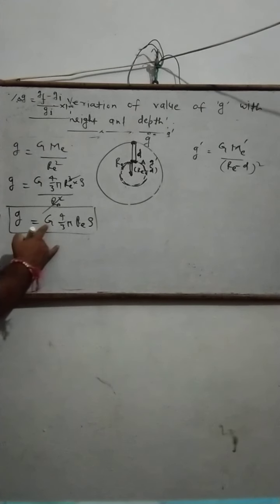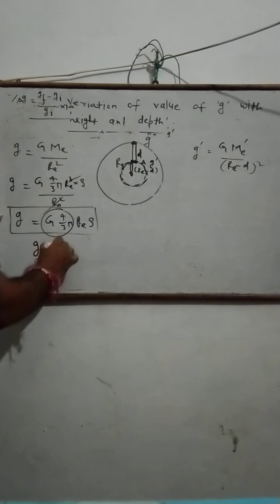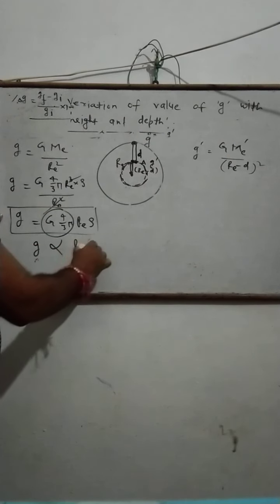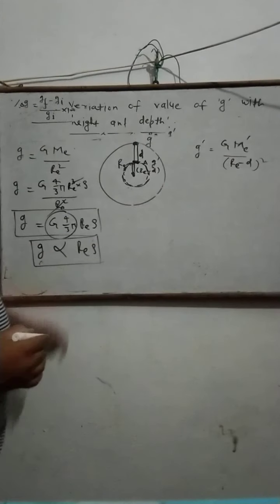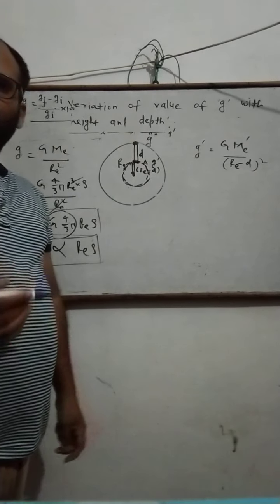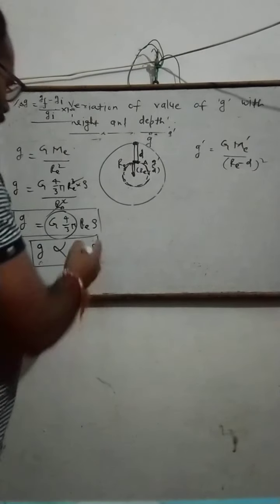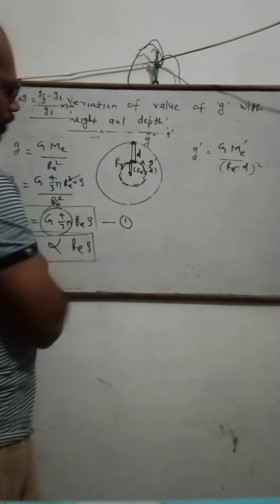As G and 4 by 3 pi are constant, you can also write g is directly proportional to RE into rho. This is also an important formula which will be used in this chapter for solving numericals. Okay. Now this is equation number 1.